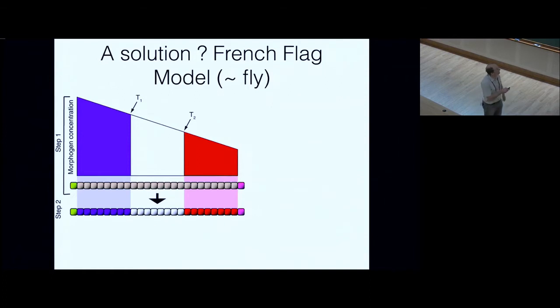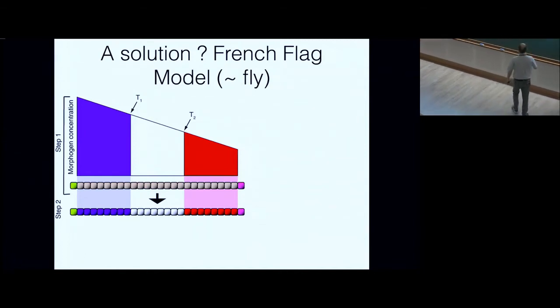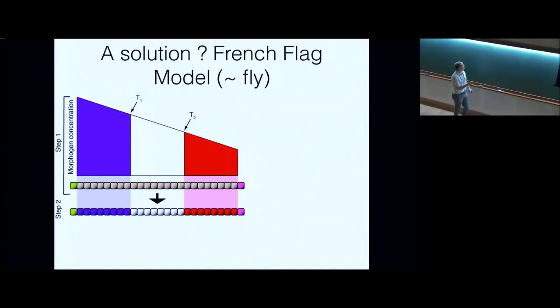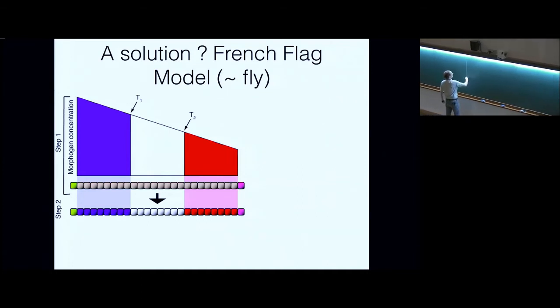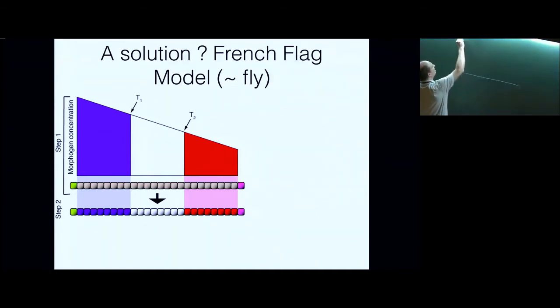So what that means is, for instance, let's think about the example you saw, bicoid and hunchback probably. Bicoid is like this as a function of x.